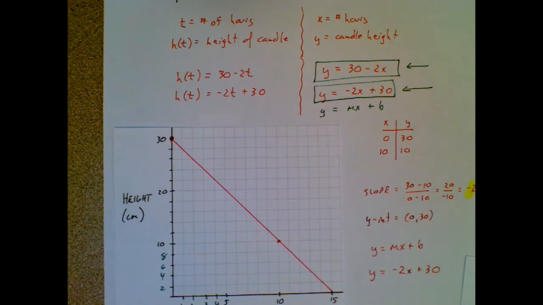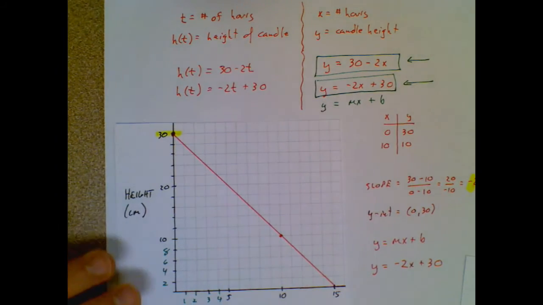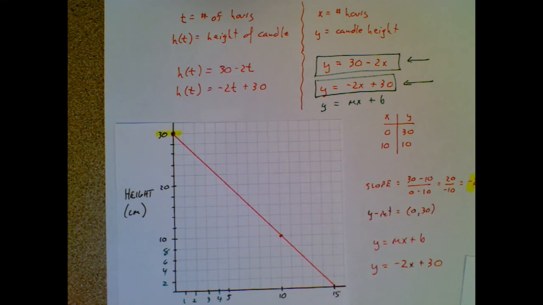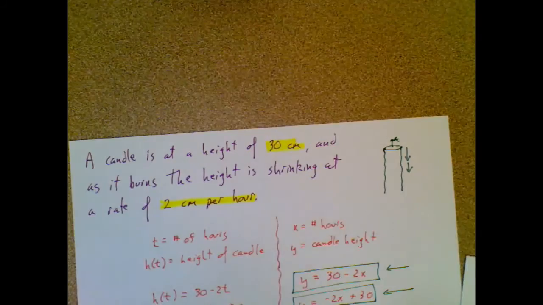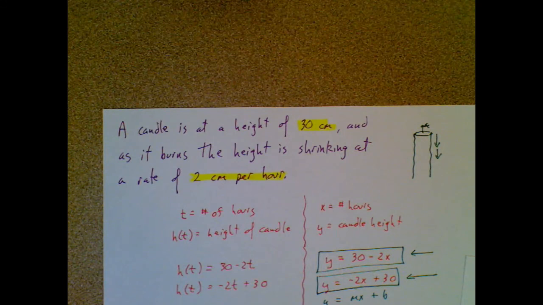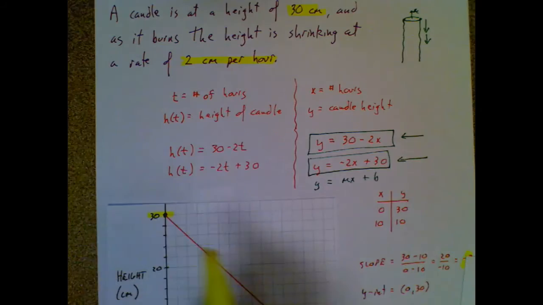And in this case, your y-intercept also has some deep meaning. My y-intercept is 30. Well, 30 has something to do with this problem. In this case, it's the original height of the candle. So my y-intercept mattered in the problem.